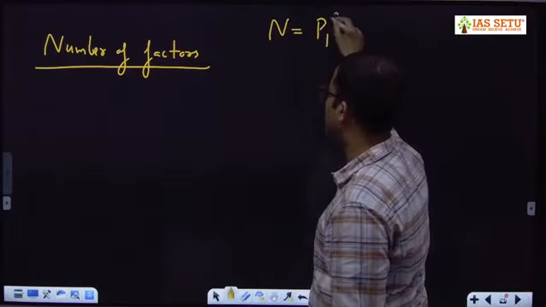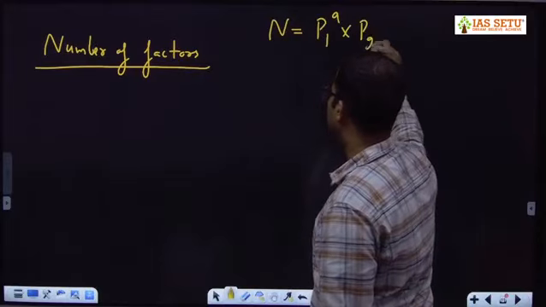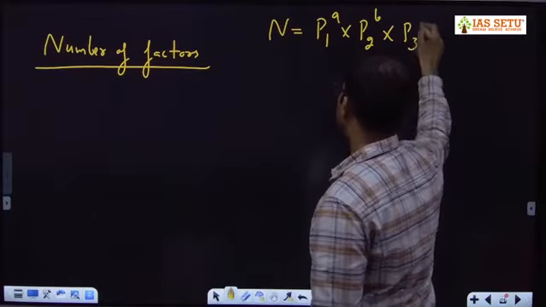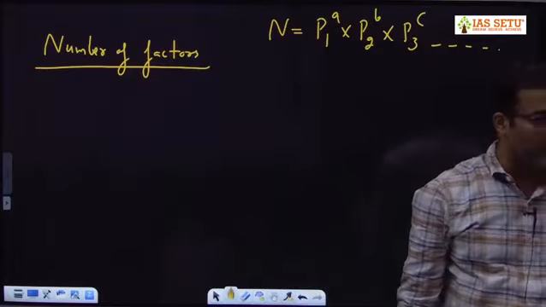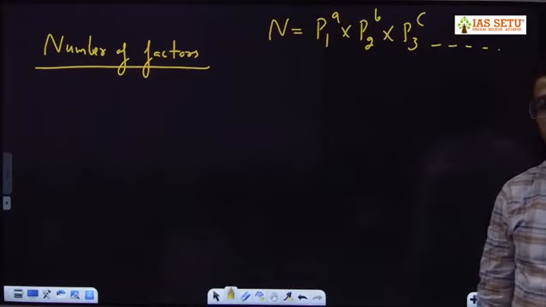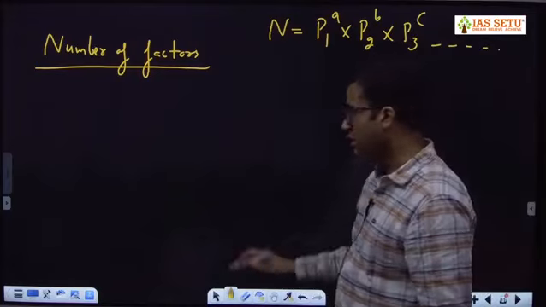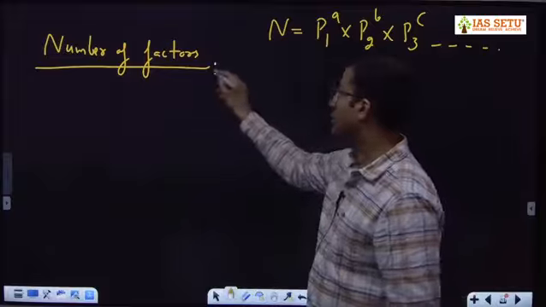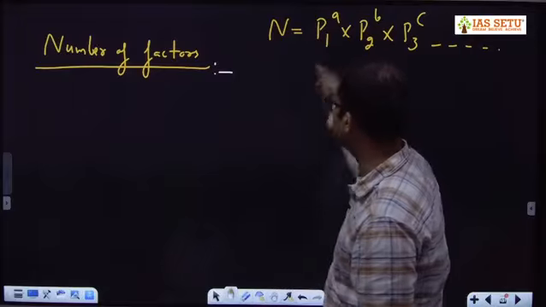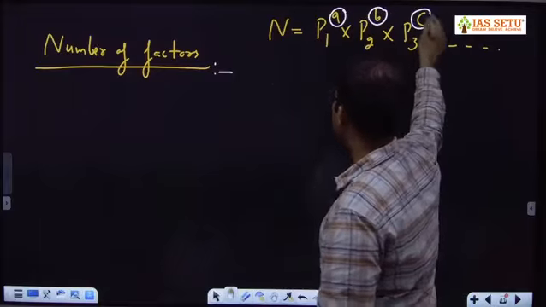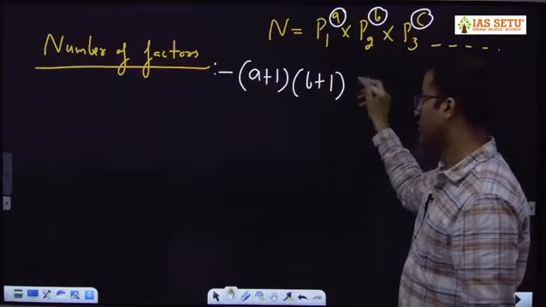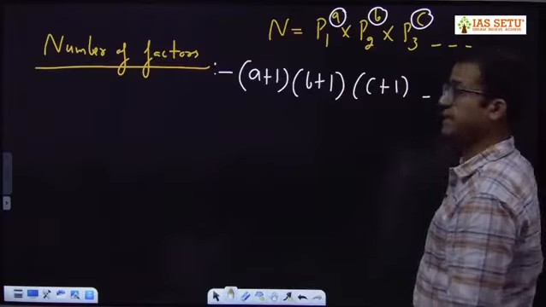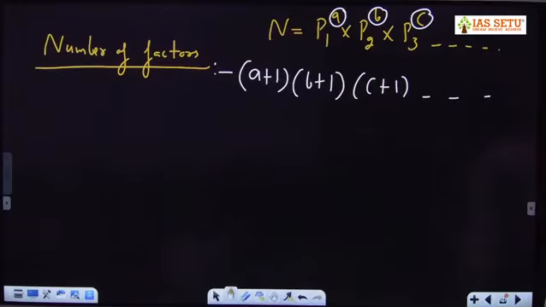N is equal to P1 to the power A into P2 to the power B into P3 to the power C and so on, where P1, P2, P3 are the distinct prime numbers, and A, B, C are their respective powers. So here, the shortcut for number of factors is: A plus 1 into B plus 1 into C plus 1, and so on. In the powers you add 1 and multiply.